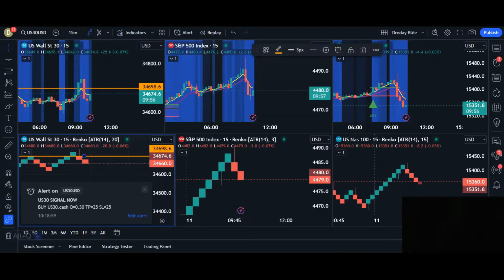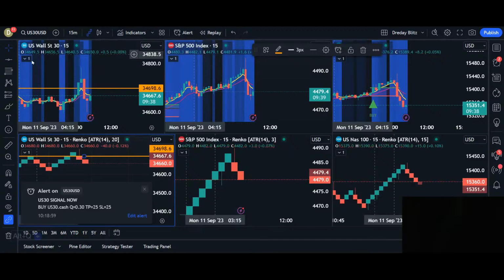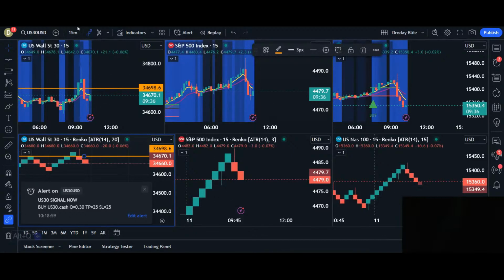We're already in the sell position on the previous indicator. So now it went out. We'll see how it goes here overall, but we're still looking for a push down on the US 30 setup.